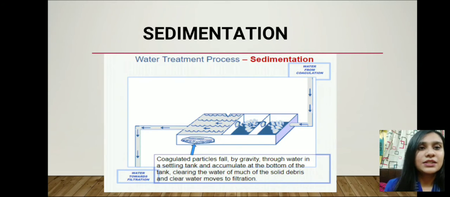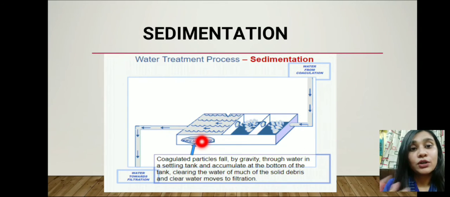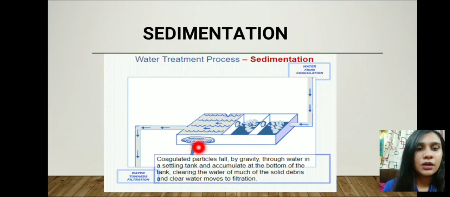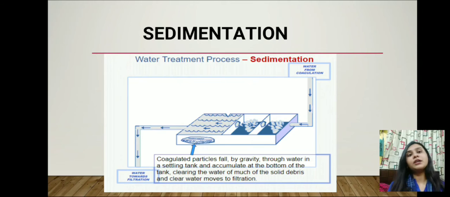Here we can see that the water from coagulation goes here and creates flocs, and then they settle here. After that, when the flocs have sedimented below, the water gets clearer and it goes to filtration, which is the later part of the treatment.